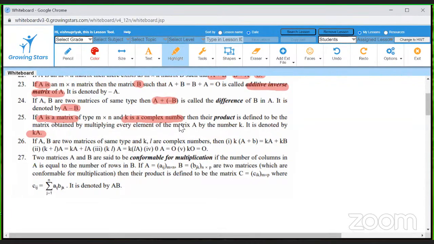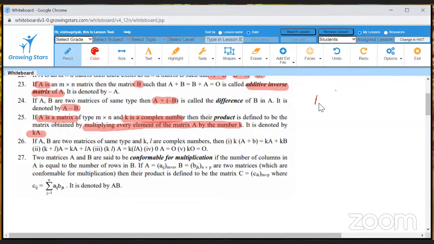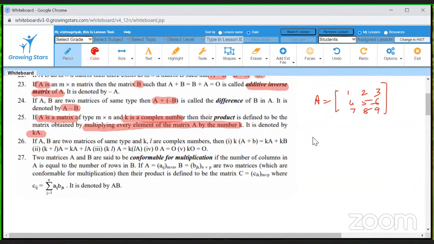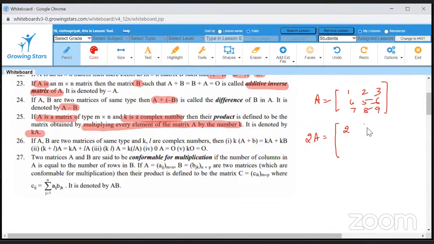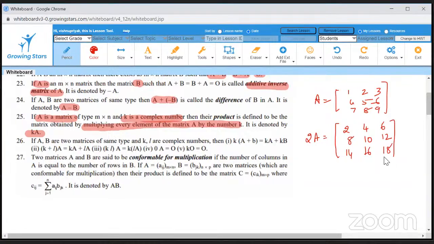Multiply every element by K. For example, I'll give you A: 1, 2, 3, 4, 5, 6, 7, 8, 9. I will ask you to multiply 2 to A. That means every element has to be multiplied by 2: 2 ones, 2 twos, 2 threes, 2 fours, 2 fives, 2 sixes, 2 sevens, 2 eights, 2 nines.